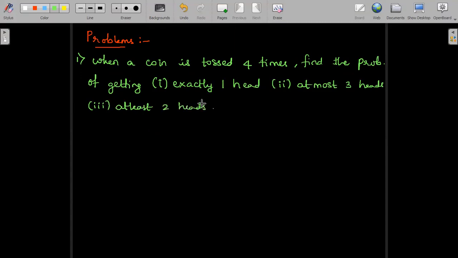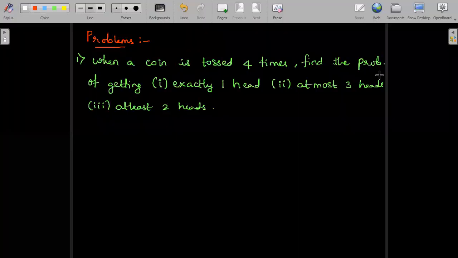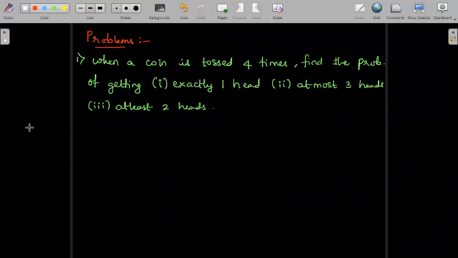So the question is, a coin is tossed 4 times and we need to find the probability of getting exactly one head, at most 3 heads, and at least 2 heads. Now let us see the solution. First we will find the probability of getting a head in a single toss.